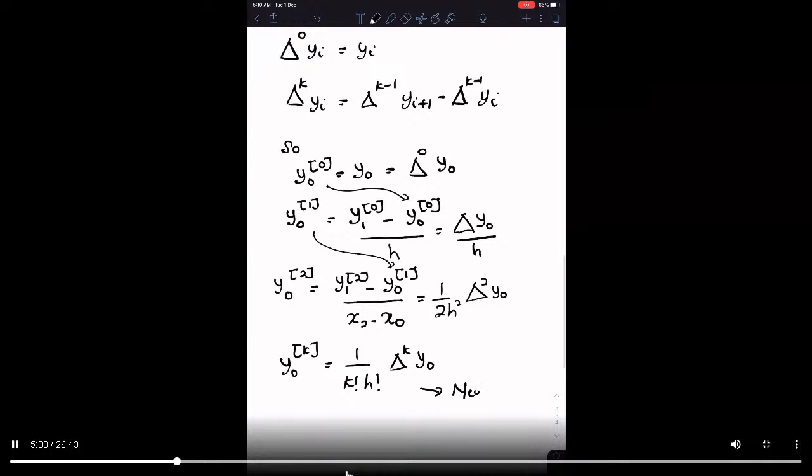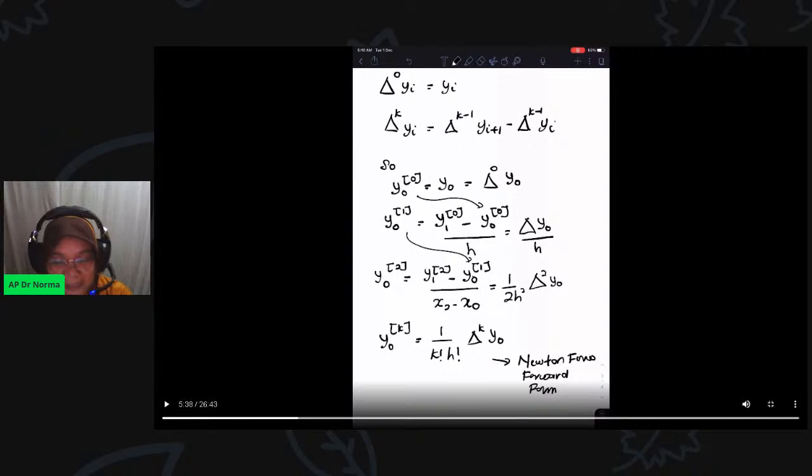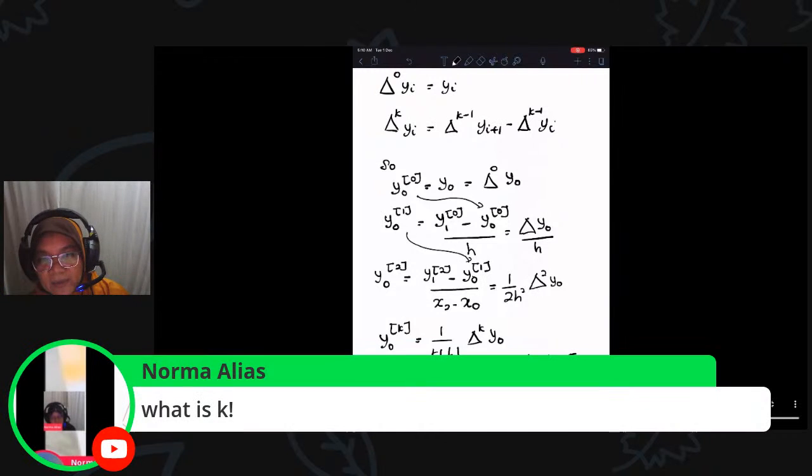It is 1 over k factorial, h to the power k, delta k y naught. My question here: what is k factorial? I know most of you know it.